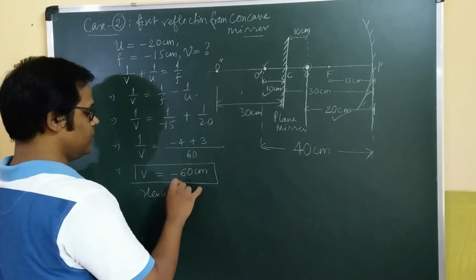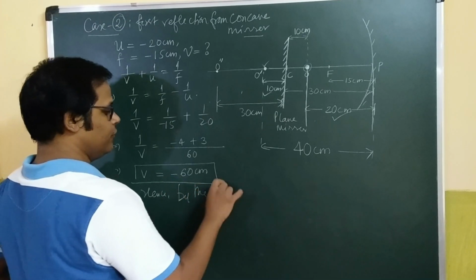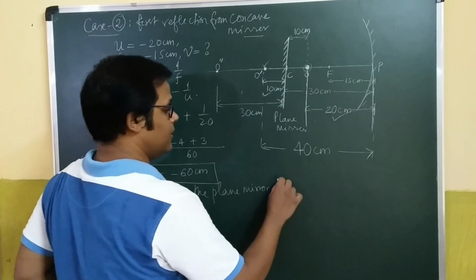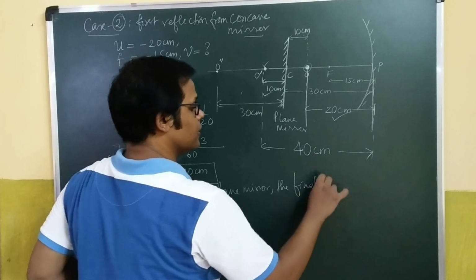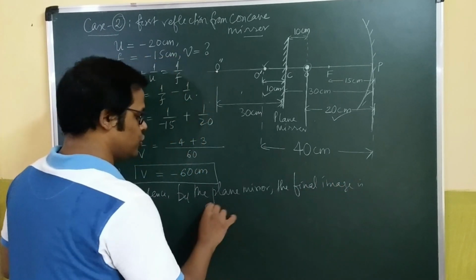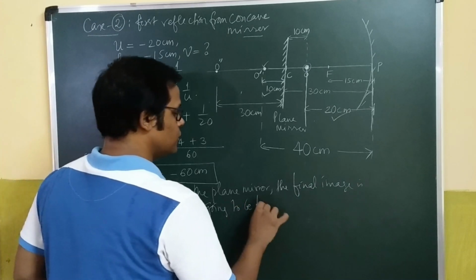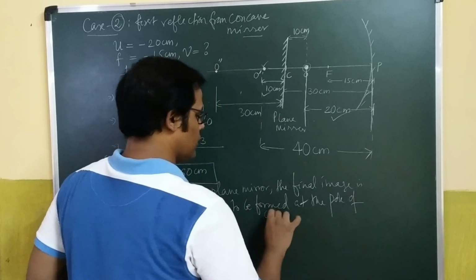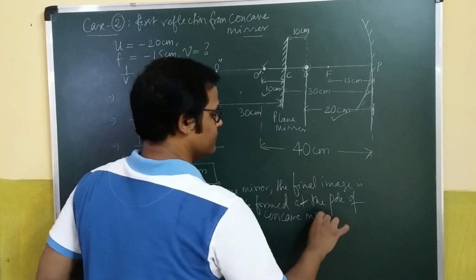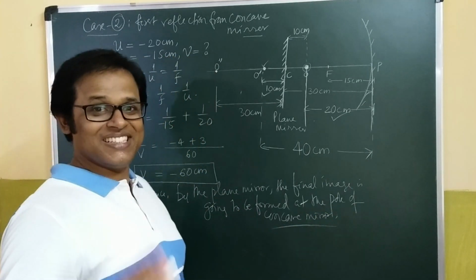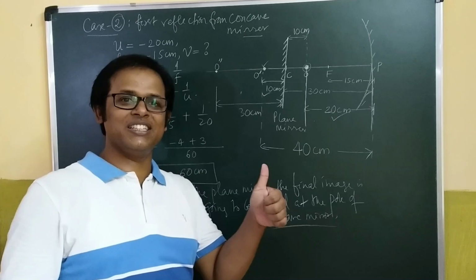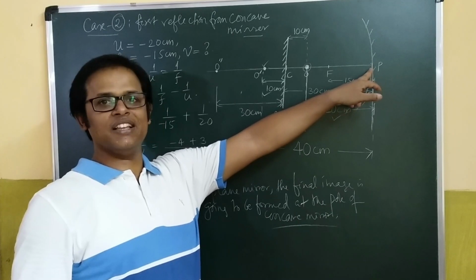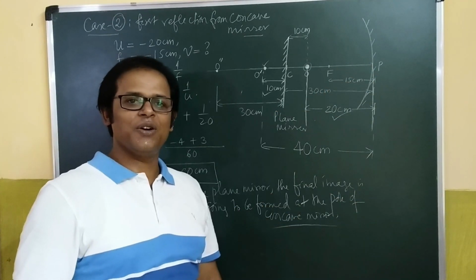Hence by the plane mirror, the final image is going to be formed at the pole of the concave mirror. Got it? You got it right? Absolutely. Wonderful. 30, another 30. That's it. And another 30 means the image should be forming right at the pole of the concave mirror.